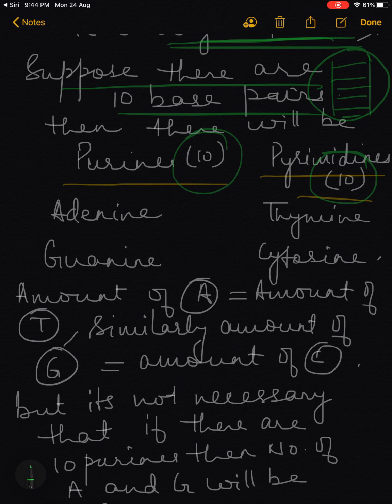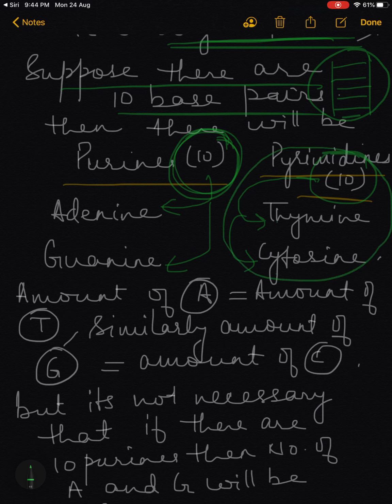Those 10 purines could be either adenine or guanine. Similarly, if there are 10 pyrimidines, then few will be thymine and other few will be cytosine. These two will combine together to form 10 pyrimidines, and these two will combine together to form 10 purines, right?